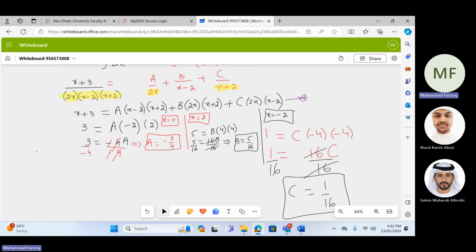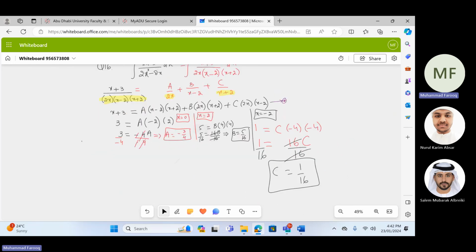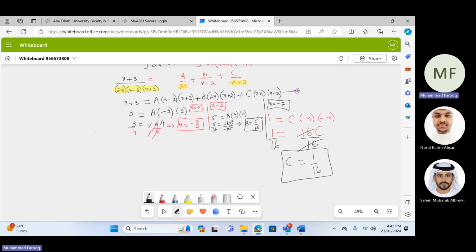So now what I will do, I write the next step, don't worry. Finally, as I get my answer A, B, C, A is minus 3 by 4. Look at here, please. Minus 3 by 4 with integral dx over 2x. I just put the value of a.